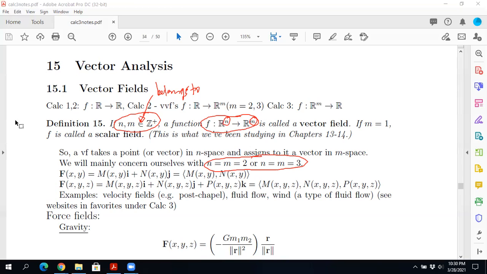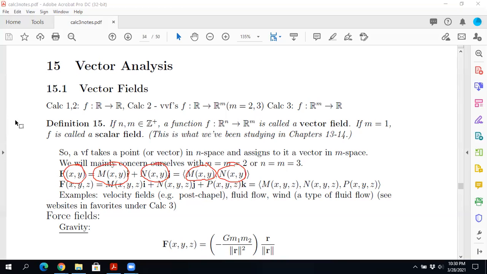Generally speaking, we have a real ordered pair input, and then we have a function of 2 variables, M of x y, and another function of 2 variables, N of x y. These are the so-called x and y coordinate functions. So the input is an ordered pair and the output is an ordered pair.